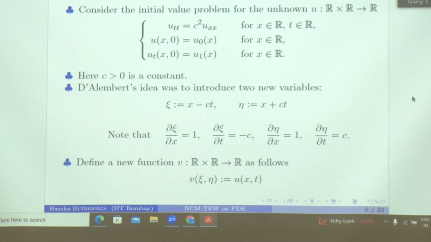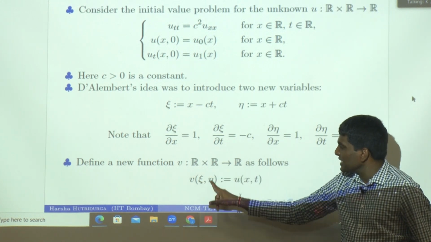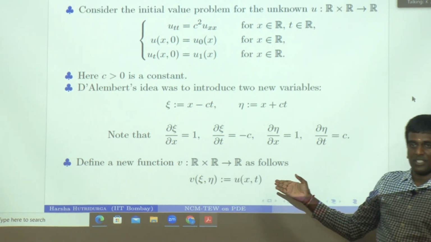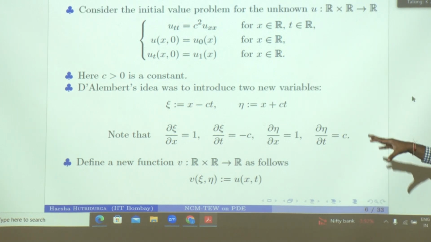So for a nice change of variable, this is doable because any point on the psi eta plane is related back to the xt plane by that map. So this is a well-defined function. You give me any psi eta in R cross R, I can always do this assignment because there is the corresponding point x comma t in the xt plane.